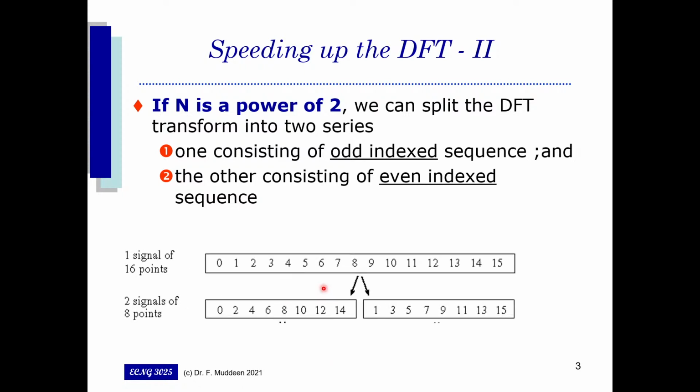So if we had a sequence of 8 numbers and the indexes were going 0, 1, 2, 3, 4, 5, representing each one of the values, splitting it, we'll take all the even index numbers here and then the odd index numbers here, and we'll perform the split and then perform the DFT on each one of these accordingly.